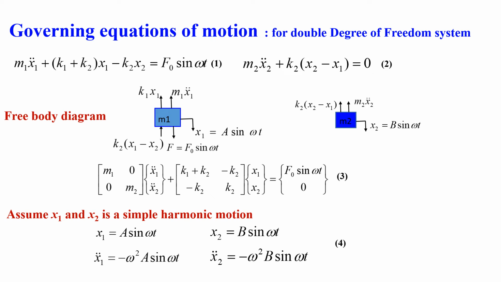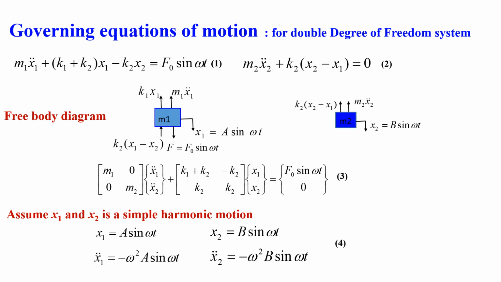Here x1 and x2 are simple harmonic motions. So x1 will be A into sine omega t and x2 will be B into sine omega t. A and B are the magnitudes of the displacement.